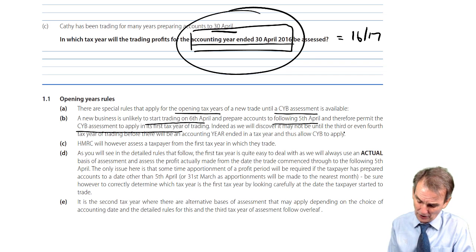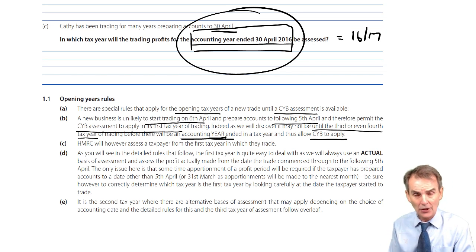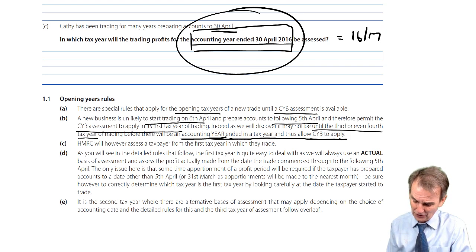Indeed, we will discover, as we've just said, it could be up until the third or even fourth tax year of trading before CYB will apply, because for it to apply, there must be an accounting year. Not a 6-month, not a 9-month, not a 14, 15 or 16-month period, but an accounting year. An accounting year ended in the tax year that will allow CYB to apply.